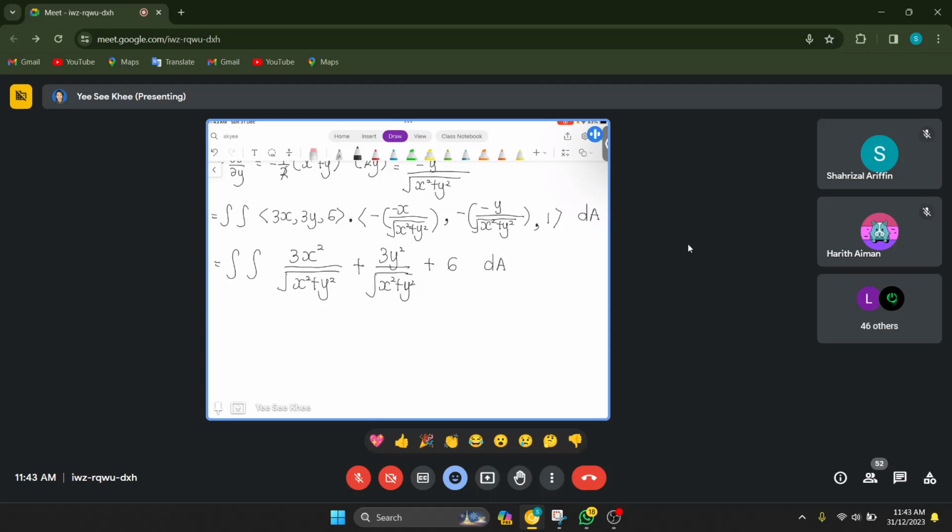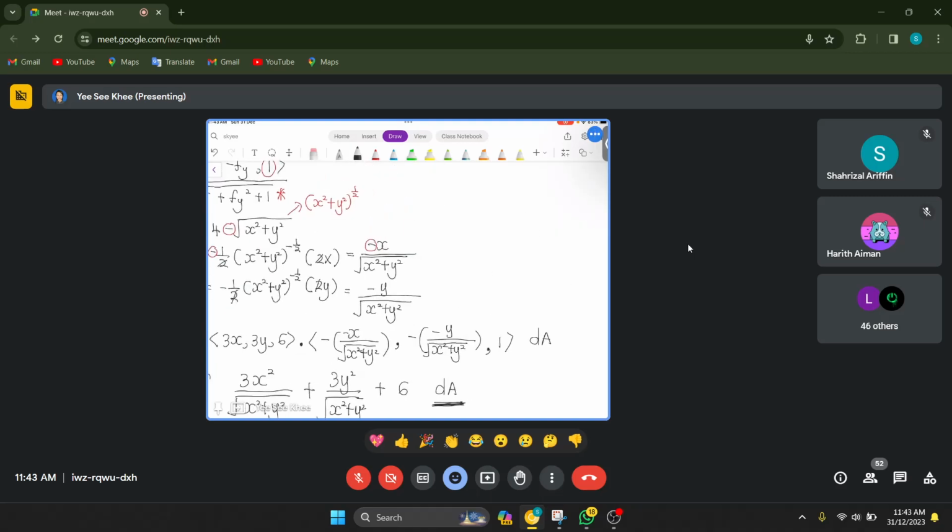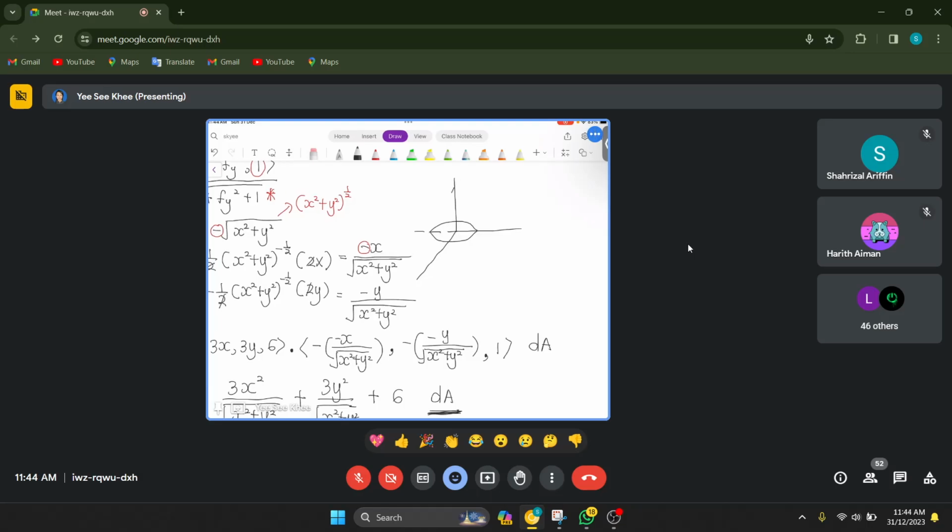So when defining the dA, just like what we have learned previously, finding the area, finding the volume, we have to look for the projections. So our structure is the cone. The question asks us to only consider the cone that is above the plane z equals 0, which is this one.